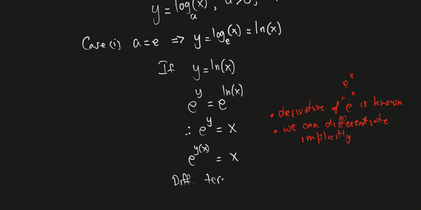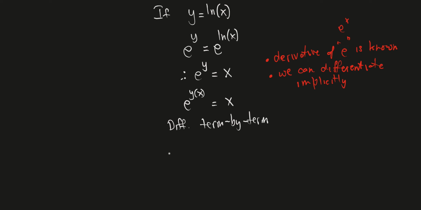We're going to differentiate term by term with respect to x. So in fact, let me actually write that down. We are going to take the derivative with respect to x of this exponential function, so e to the y of x, and then that means I have to also differentiate the right-hand side, again with respect to x.